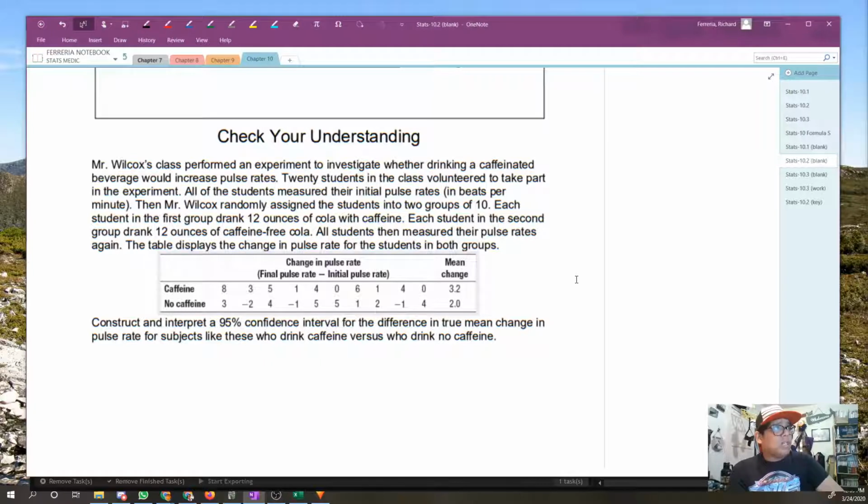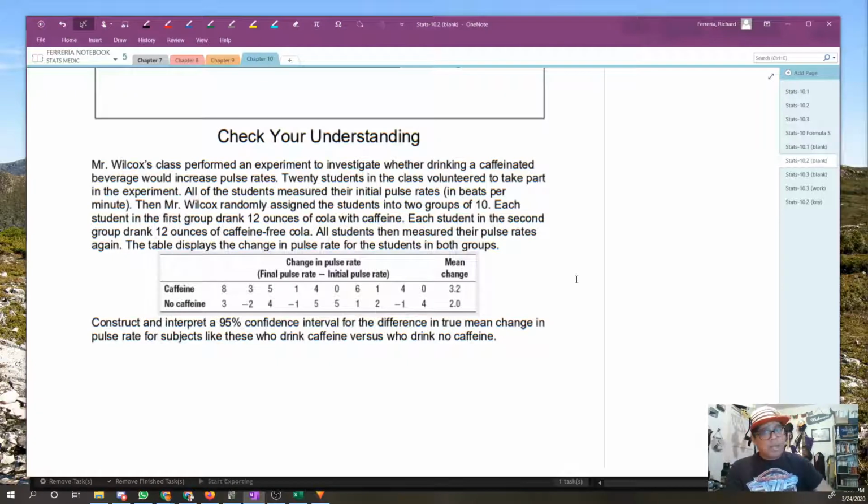Then Mr. Wilcox randomly assigned the students into 2 groups of 10. Each student in the first group drank 10 ounces of cola with caffeine. The students in the second group drank 12 ounces of caffeine-free cola. And then all students measured their pulse rates again. The table below displays the change in pulse rate for the students in both groups.